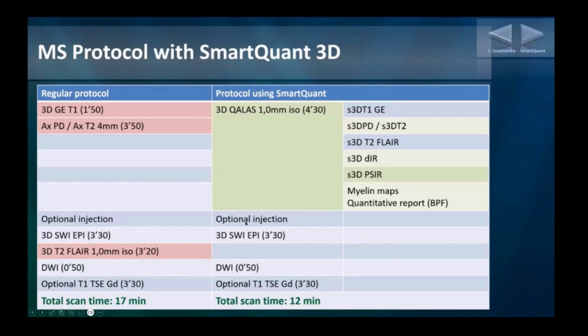In our MS protocol, we kept, for example, the 3D susceptibility EPI sequence that helps us assess the central vein sign, for example. And we also kept the diffusion weighted sequence that cannot be given by synthetic weightings from the SmartCount sequence. But it's already a lot of improvement, because when you go from a 17 minute time slot to a 12 minute time slot, then in an hour you can scan 1 patient more.